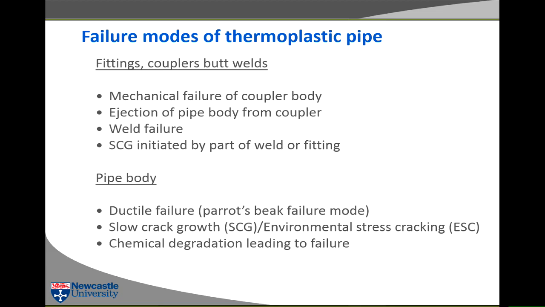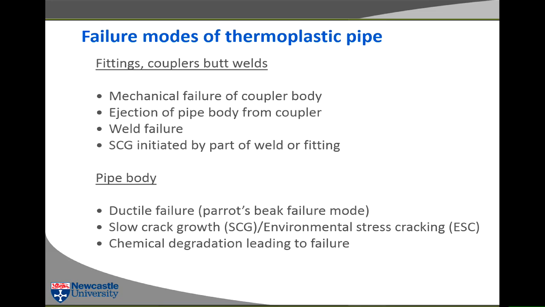The most common form of chemical degradation, if you live in hot countries, not like this one, where you get a lot of sun, is due to ultraviolet light in the sun. So if you're installing polythene pipes, it's not a good idea to pile them all up by the side of where you're going to install them and leave them out in the open under the sun. It's okay in this country, but it wouldn't be good in Oman or Saudi Arabia or anywhere like that, because the damage caused by the UV would severely reduce the molecular weight of the polymer.